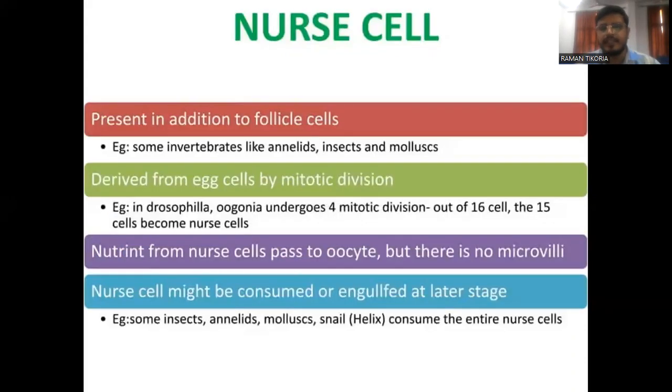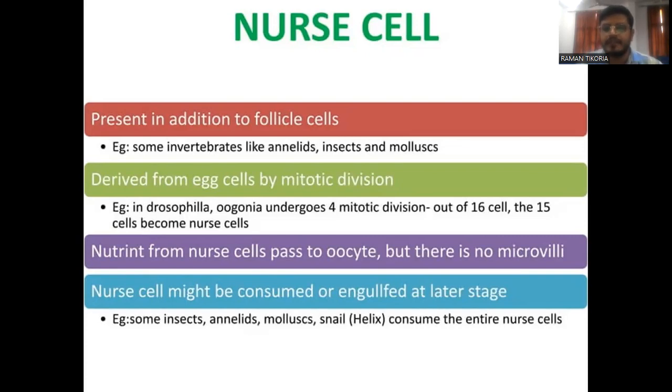Nurse cells are present in addition to follicle cells in some invertebrates like annelids, insects, and mollusks also. They are derived from egg cells by mitotic division. Nutrients from the nurse cell pass to the oocyte, but there are no microvilli, right?